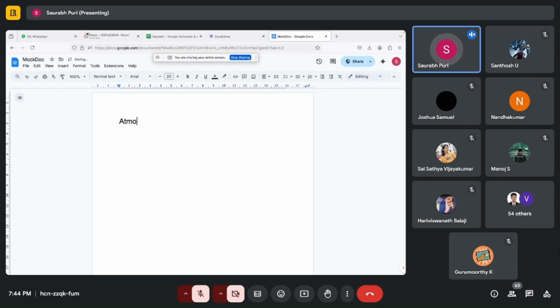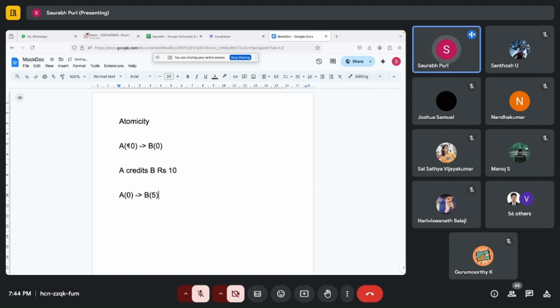So by atomicity, when we talk about atomicity, we say that if A needs to send 10 rupees to B, and B has an initial balance of 0, then if I say that A credits B 10 rupees, what will happen then? It will not be the case that when A is crediting, A will be left with 0 rupees and B is getting only 5 rupees.